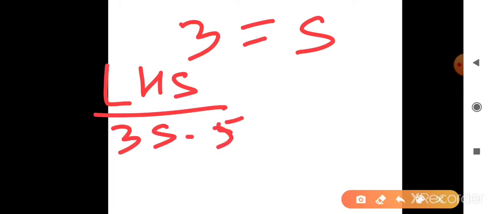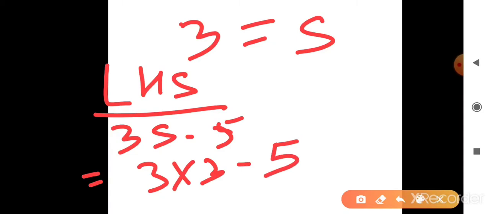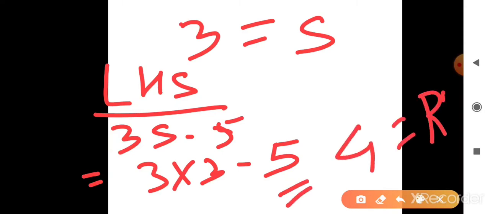So 3 into 3 minus 5: 3 into 3 is 9, minus 5, which is equal to 4. And this is totally equal to our right hand side. Therefore the value of s is nothing else but 3, or you can say the value of the given variable is 3. So this is how we perform the trial and error method.